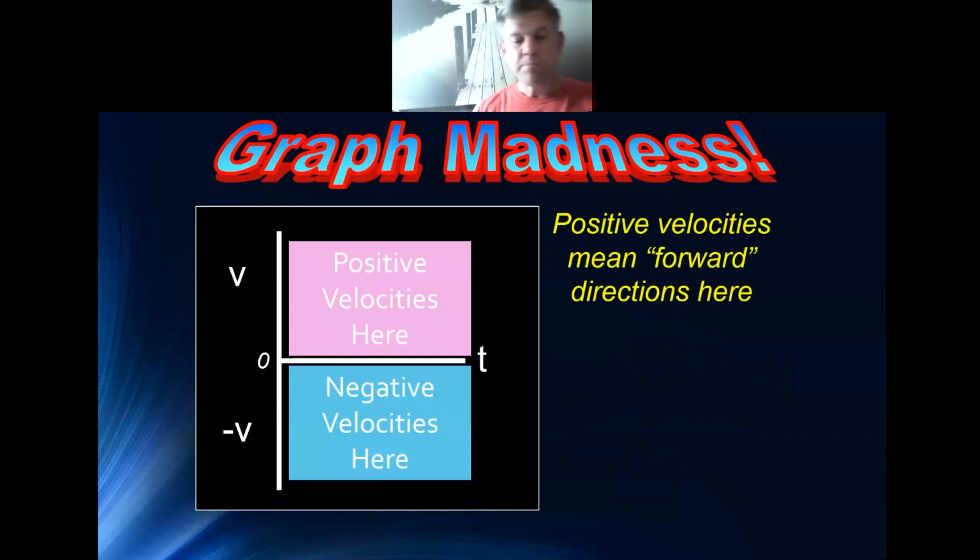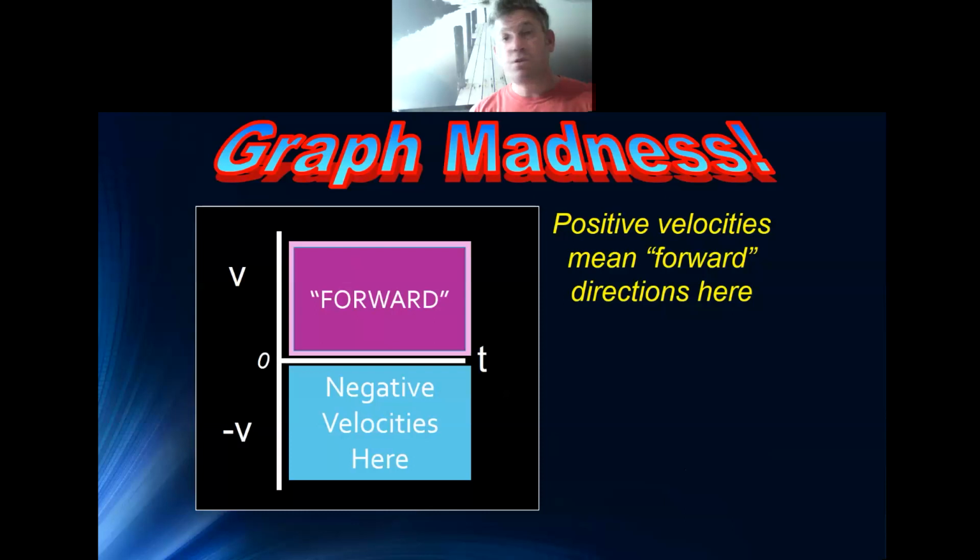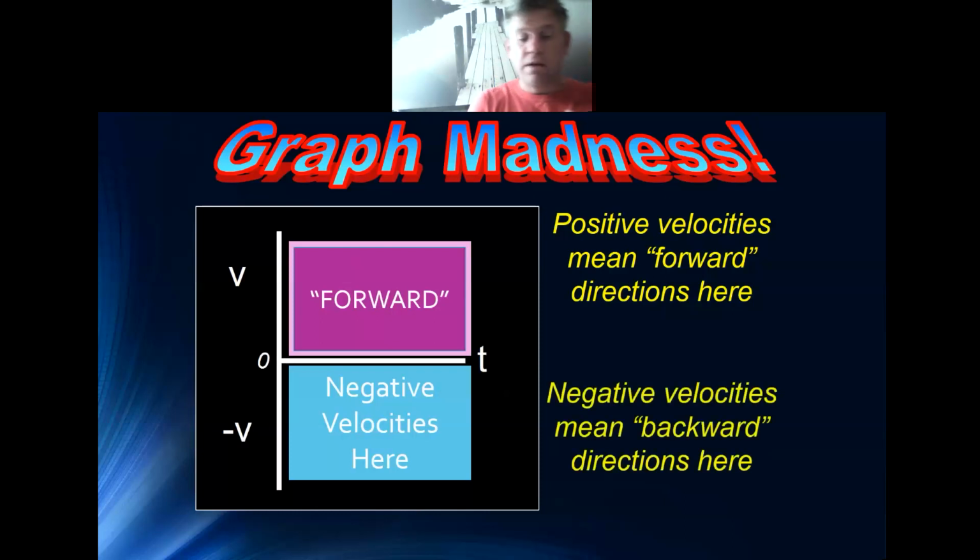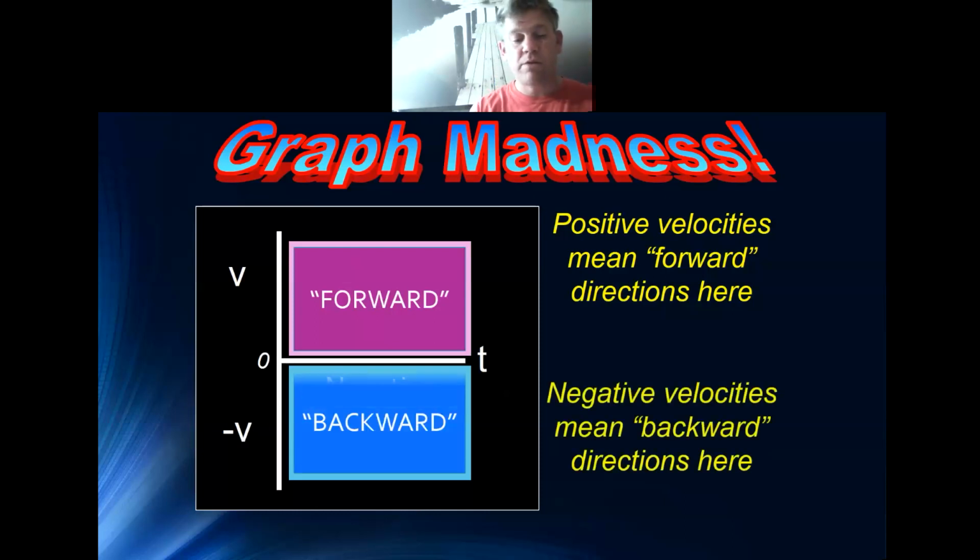Okay? Positive velocities mean forward direction. So in the top part, that's going to be our forward direction, right? Just like when we're seeing d versus t, if we're seeing that upward slope, that means forward for us. Okay? Negative velocities mean backward direction here.